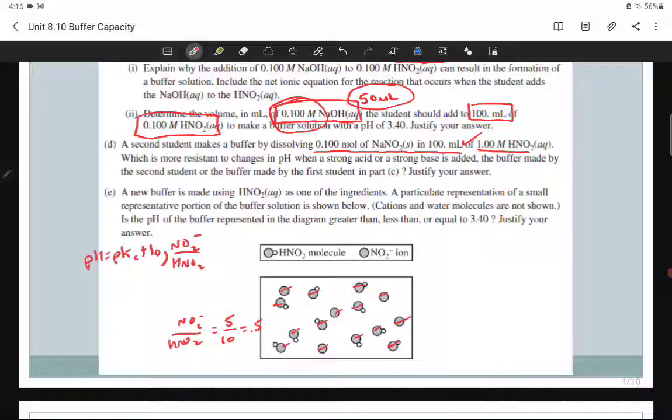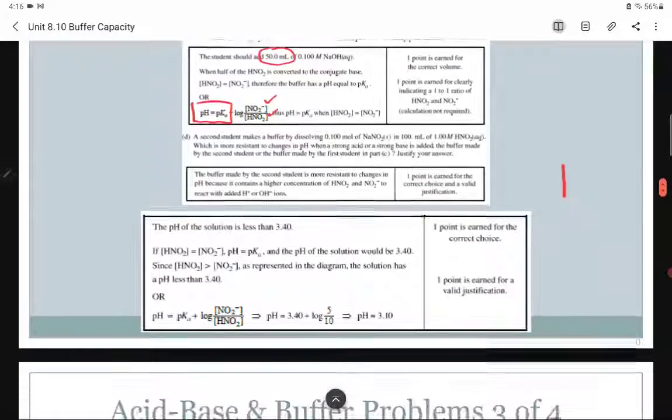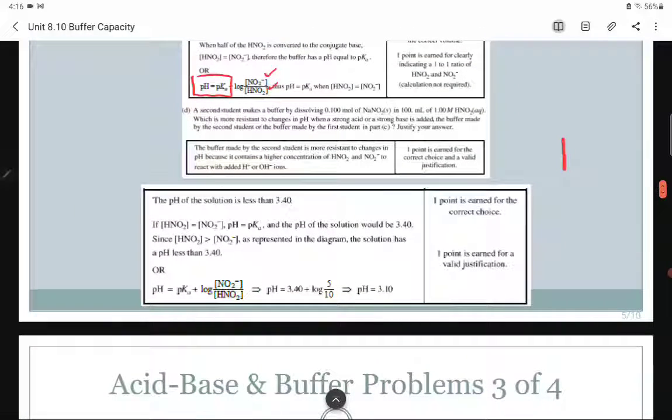If you take the log of 0.5, that's going to give you a negative number, so that pH is going to go lower. Double check. They actually did the math of it too. I don't think we had to do the math, but they got a pH of 3.10.